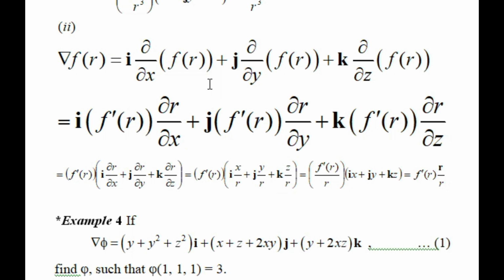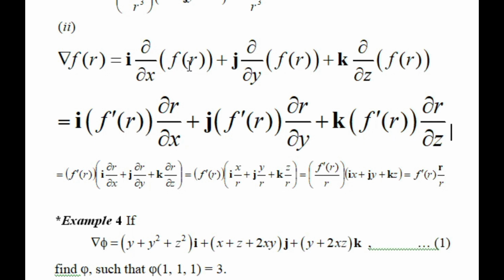So the partial derivative of f of r with respect to x means again we have to use the chain rule. That means del by del r of f of r times del r by del x. What is del by del r of f of r?